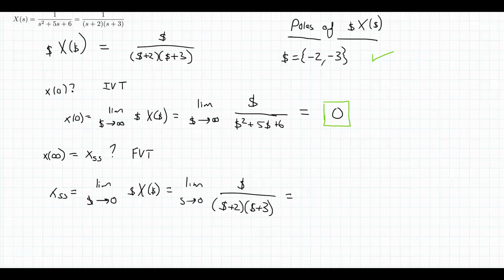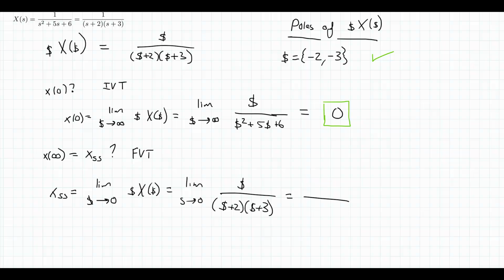In this case, I can take the limit directly in that I can just make s equal to 0, because doing so does not make the denominator 0. If it did, then I would have a problem when taking this limit. But here, that's not going to be a problem. If s were -2 or -3, we would have a problem, but 0 is actually fine.